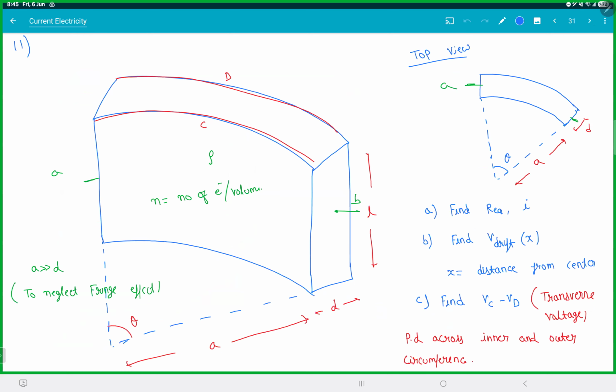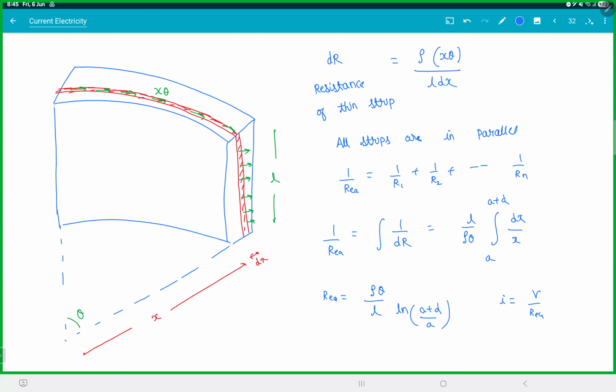N is given, number of electrons per volume is N. That itself could be a good integer question. V drift is proportional to 1 by x power n. Find n.